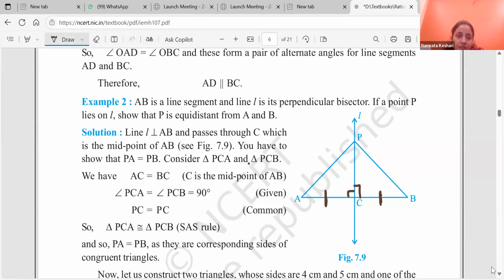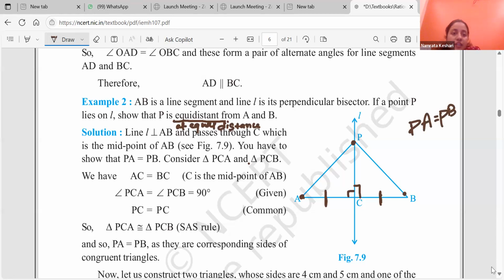If a point P lies on L, as we can see, show that P is equidistant from A and B. Equidistant means at equal distance from A and B. That means P is maintaining the same distance from A as well as B. So our motto is to prove that PA and PB are the same.